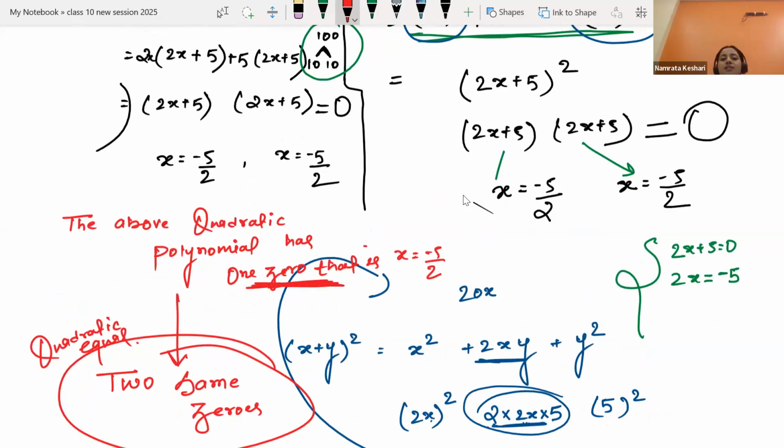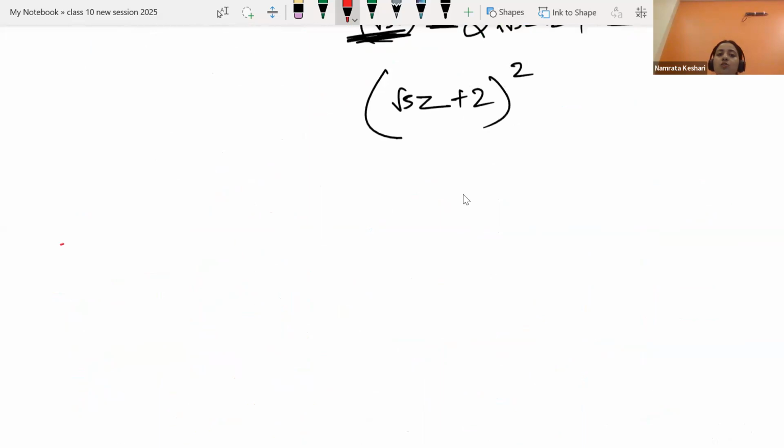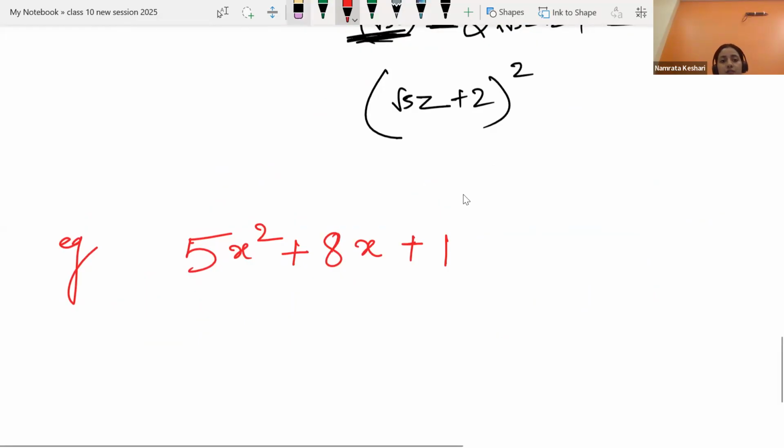Okay, and the last example of a quadratic polynomial is where there will be no zero at all. So if I write 5x square plus 8x plus 1, this is a quadratic polynomial which you won't be able to solve by using the method of factorization.